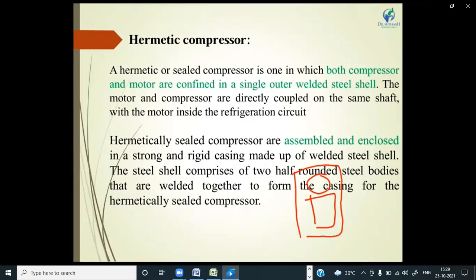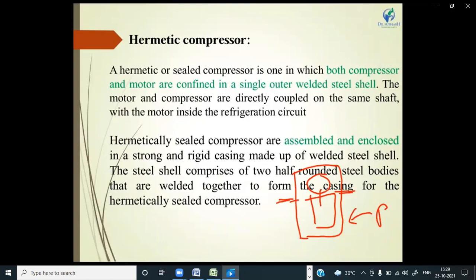We mount it within the shell with connectors to the motor, which gives the rotary motion to the compressor, and these are all welded, with the shell divided into halves. This is called a hermetically sealed compressor, where the outer pressure and inside pressure are not affected.